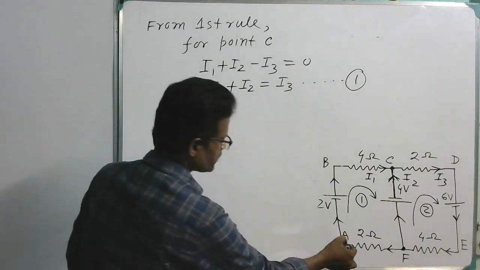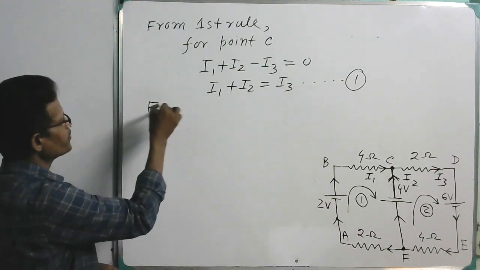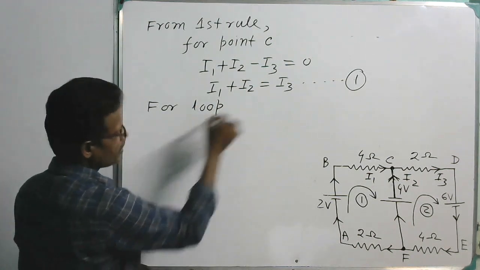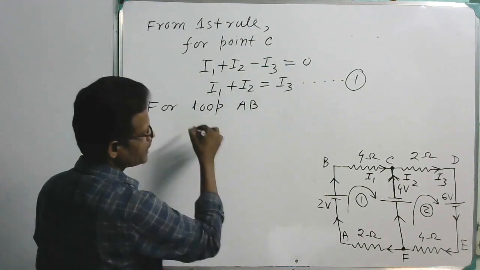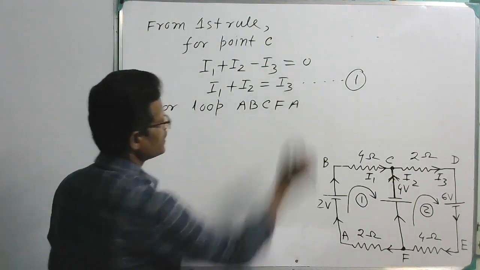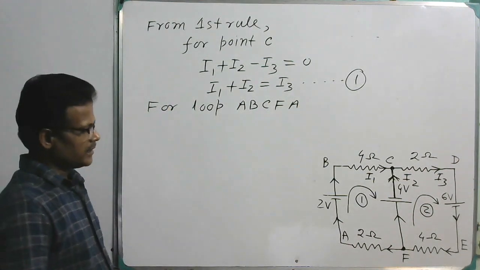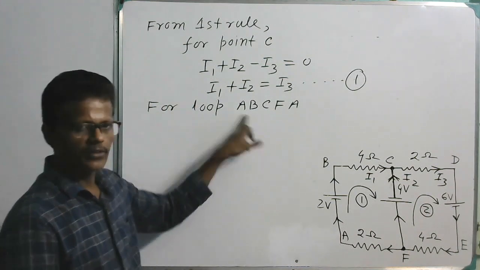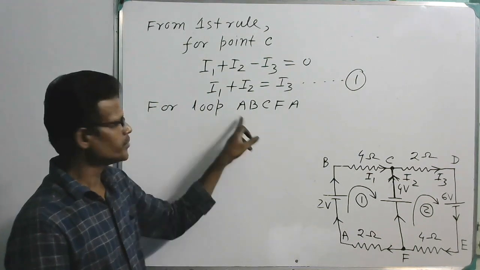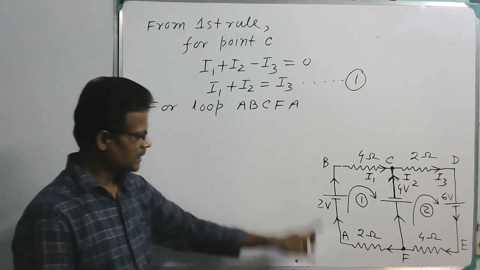See, suppose for the closed loop A, B, C, F, A, I have written A, B, C, F, A, so you must proceed in this way.